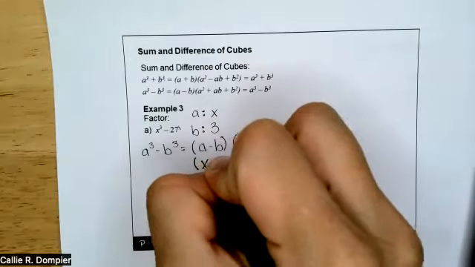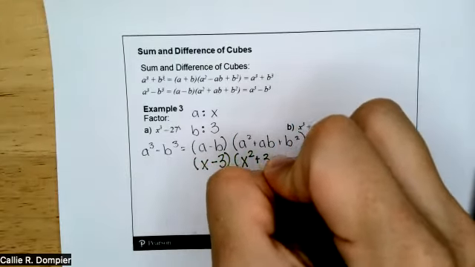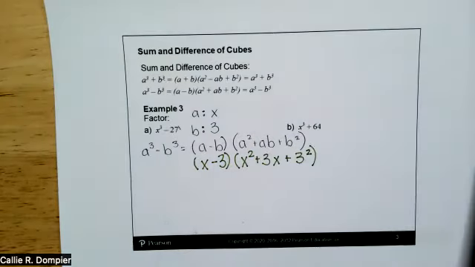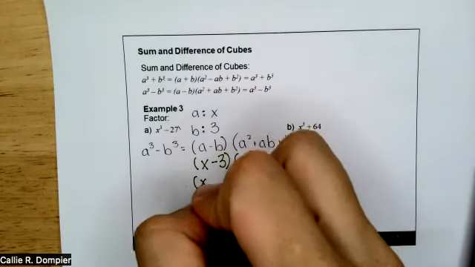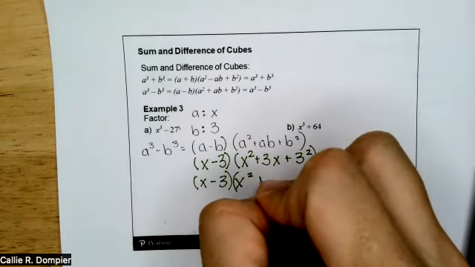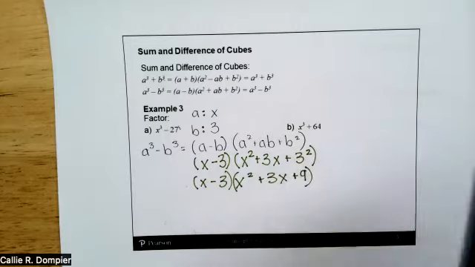So x minus 3 times x squared plus 3x plus 3 squared. And then I'm just going to change 3 squared to 9. Is that okay?